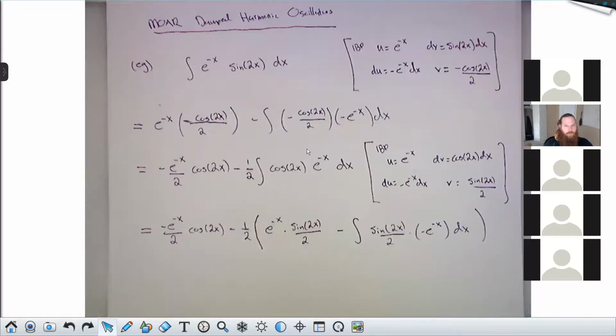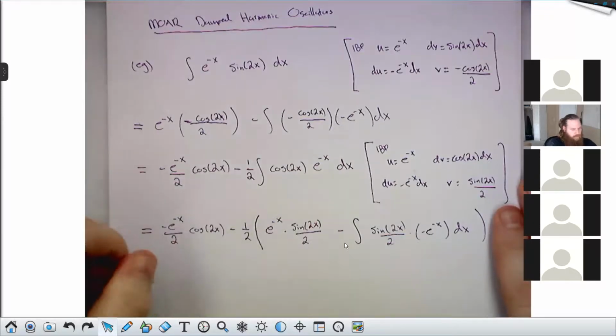So here's our first IBP formula, and then here's our second IBP formula done within the first. I have a lot to clean up here, and we're going to be careful as we do it. First things first, I would probably pop this negative right here out, make this a plus, bring this 2 out, make that a 1/2.